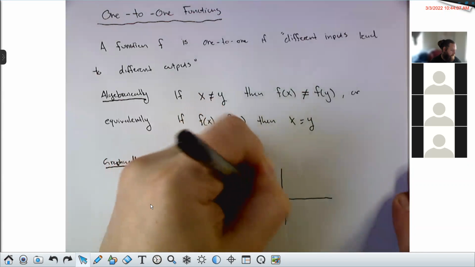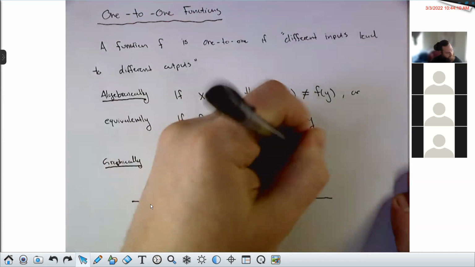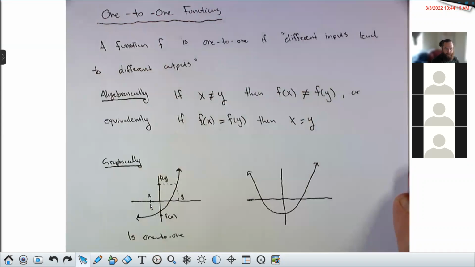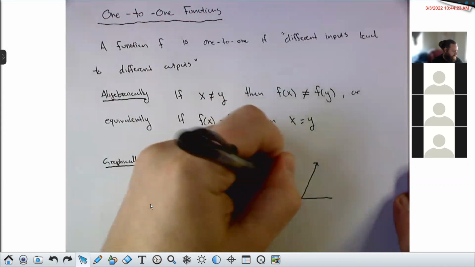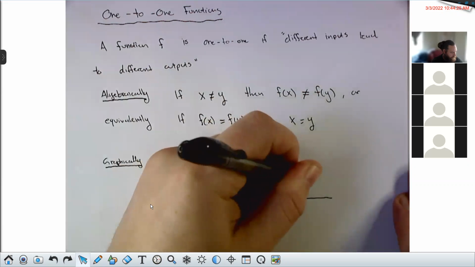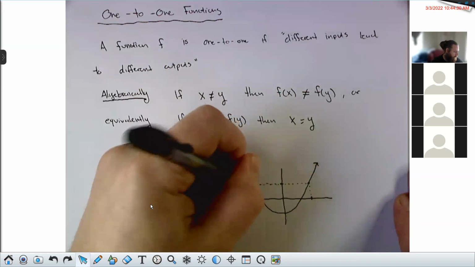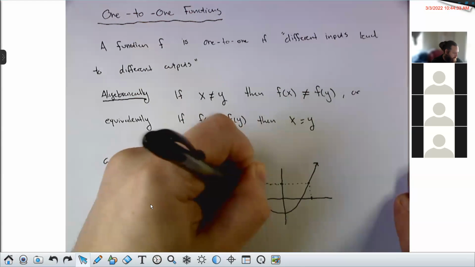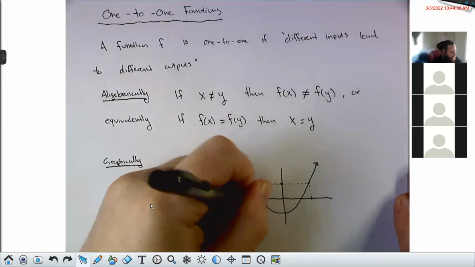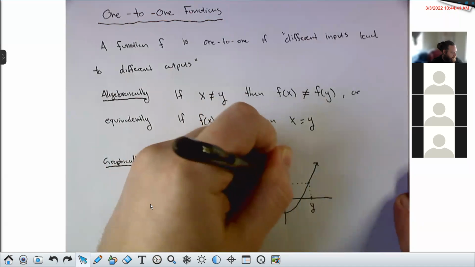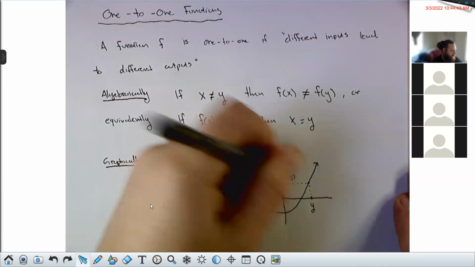So if you have a function that does something like this, not necessarily a parabola, but just anything looking remotely like that, then it is possible to find two different inputs, x and y, where f of x and f of y, the outputs, are the same.